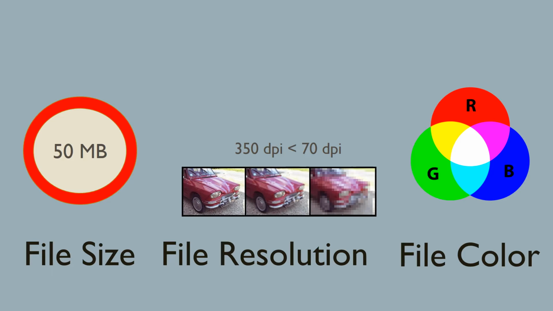The other three things that we need to pay attention to are file size, file resolution, and file color. When one decides on an EPUB, it is actually a self-contained website.